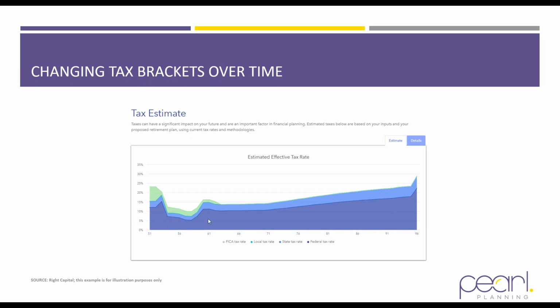We've considered someone who's perhaps going to retire early, and then we look over time at what tax brackets they may fall into, and it's not going to be the same all the time. You'll notice once someone goes back into and takes Social Security, then that might make a difference, but you've got to manage things from year to year, and that can be done with effective planning.